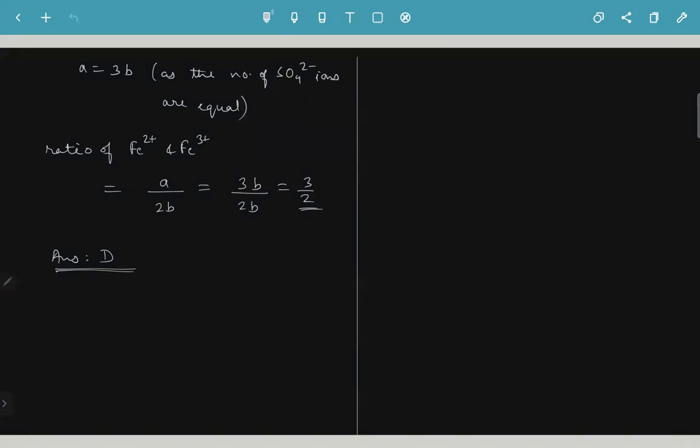Next, look, there is one more law, that is the law of reciprocal proportions. We'll write the statement first.